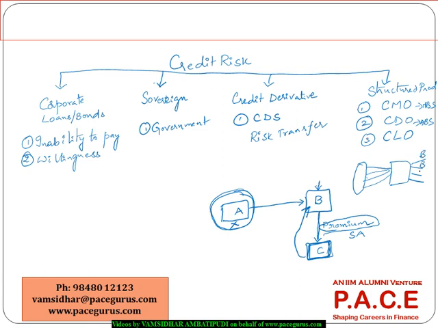So these are the bonds that are issued. Now, generally, this third party, which has created the financial instruments out of the pool of loans, which has created those structured products, is perceived to be default free.